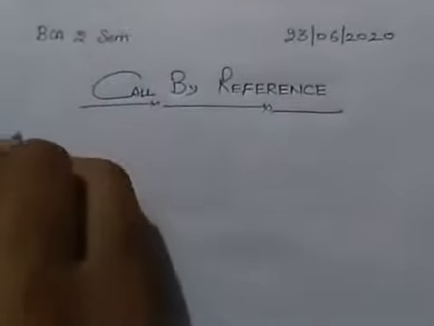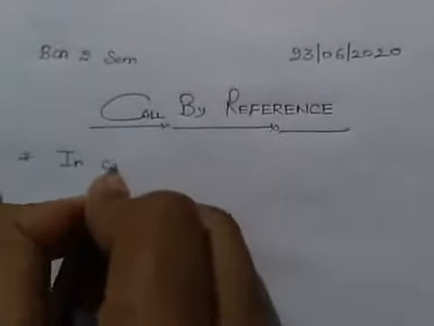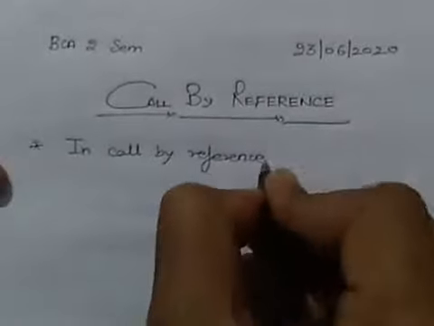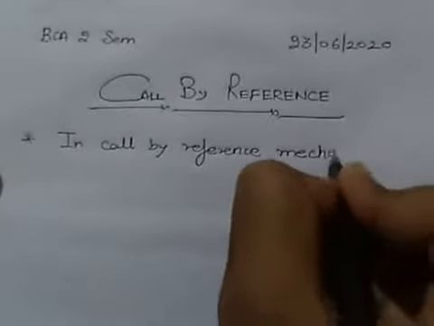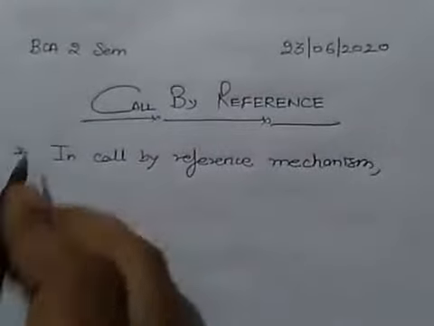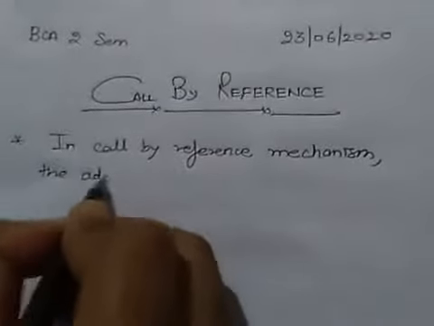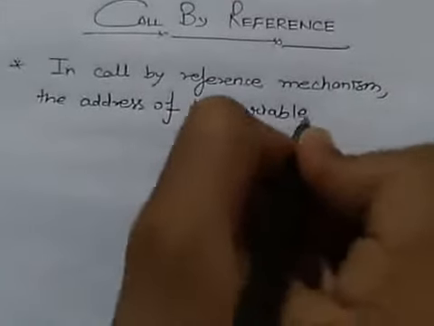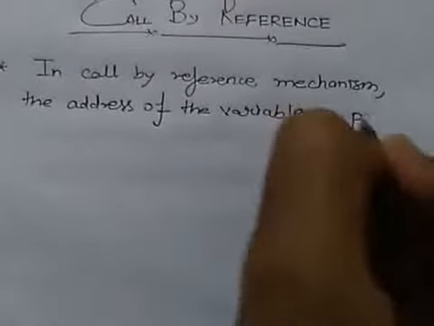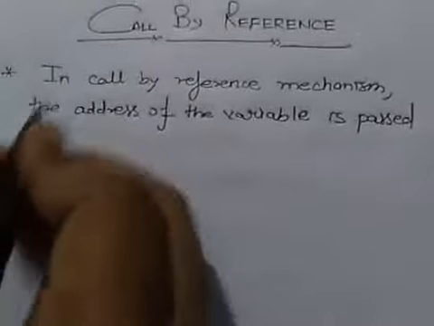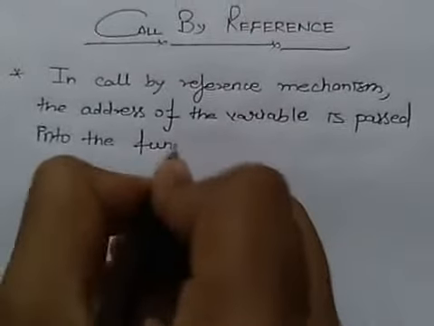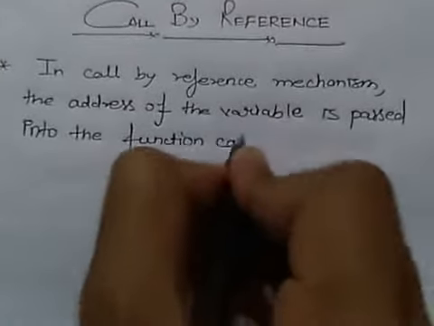Now in the call by reference mechanism, the address of the variable is passed into the function call.